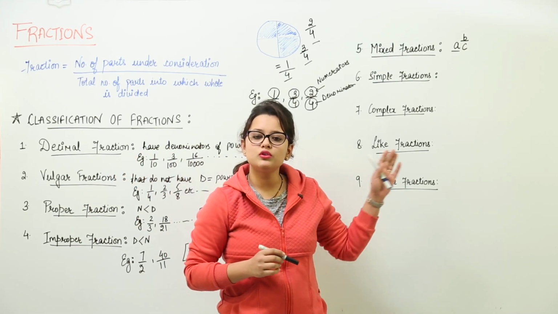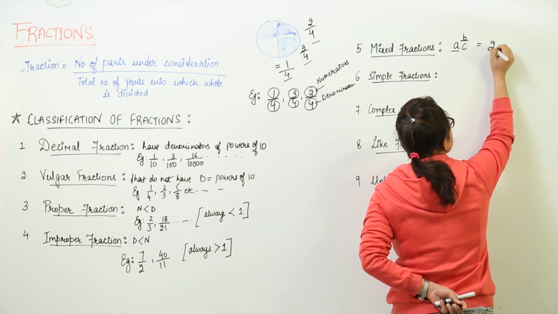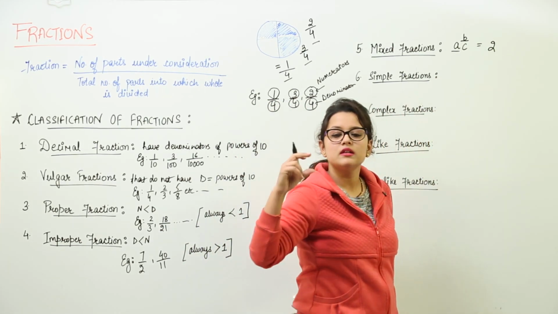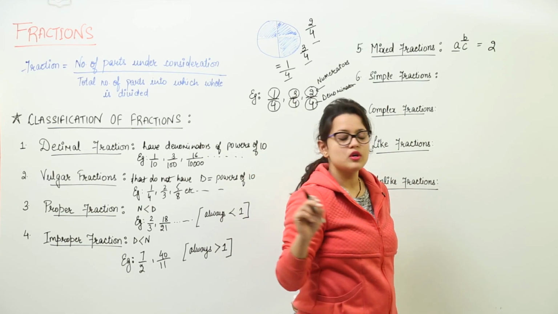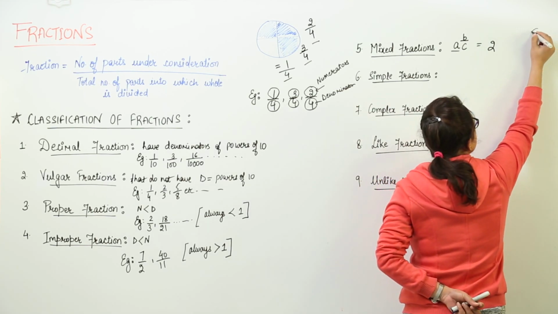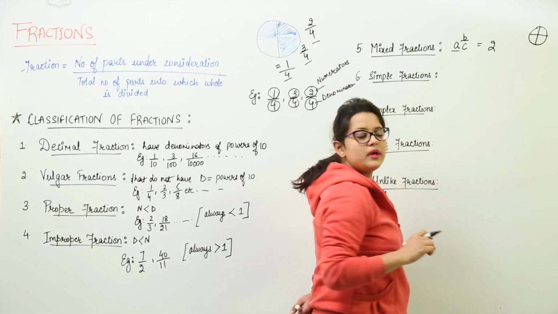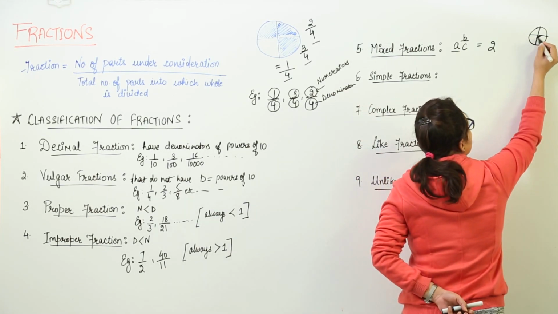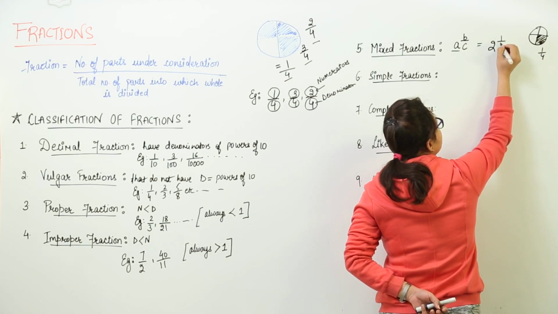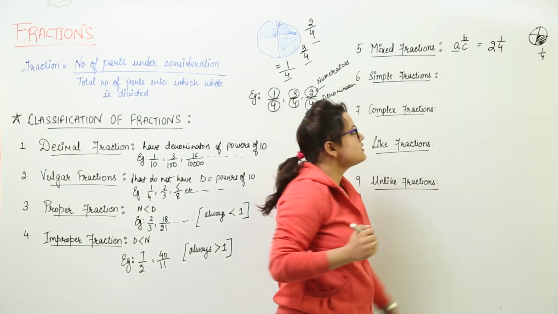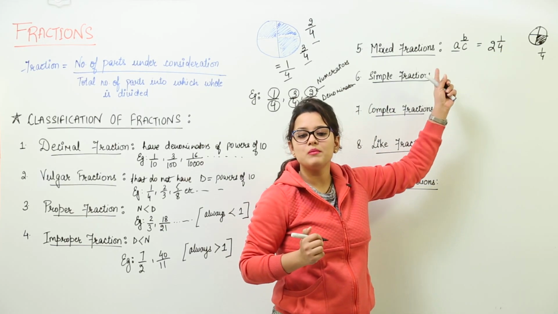So that means the 2 whole pizzas you have already eaten, so you will represent it as 2, and you have also consumed some part of the last pizza. Say for example that last pizza had 4 parts, right? And you ate 1 out of that. So how much have you eaten in total? This would be 1 upon 4. So the fraction will be represented as 2 whole 1 by 4. So this is how you represent the mixed fractions.